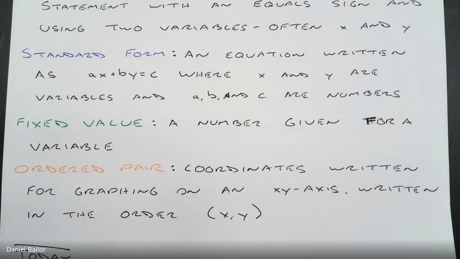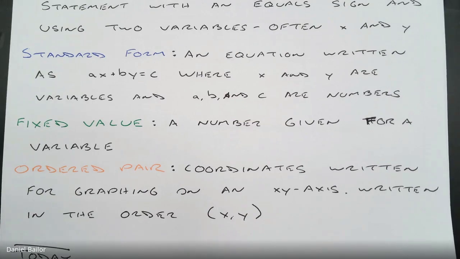So a fixed value is a number that you give for a variable. So you can choose what your fixed values are when you solve equations. So you say x equals 3, and then you use the fixed value of 3 for x to find out what y equals. So fixed value is a number you give for a variable.